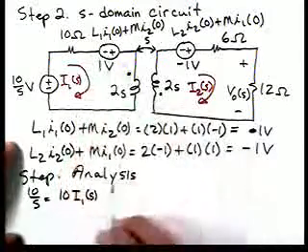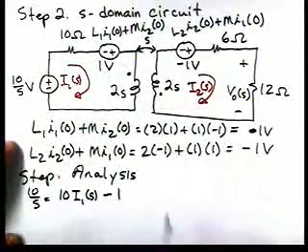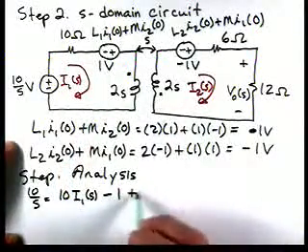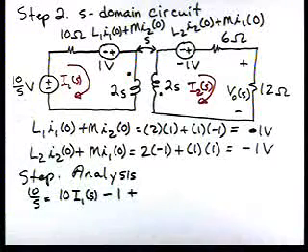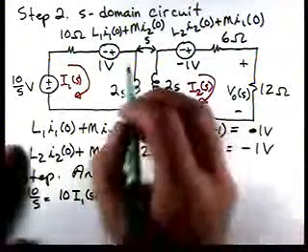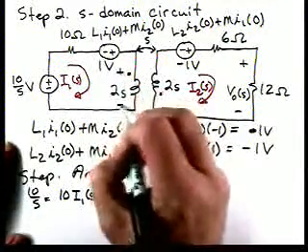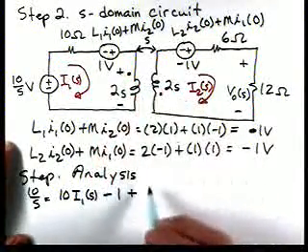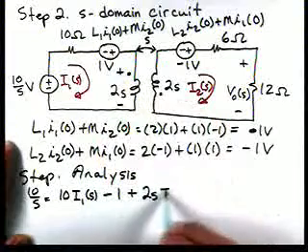Next we have this source, we have minus 1. Now, when we get to a coupled inductor, we have two voltage terms here. One is a term that we have just because we have current I1 flowing. It has a polarity like this, and it is 2S I1 of S.